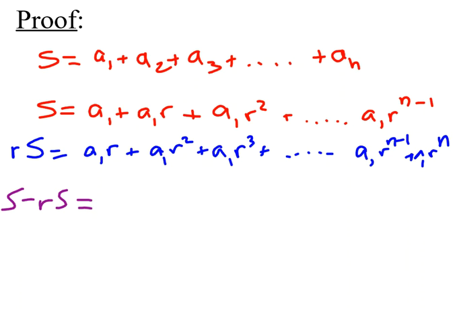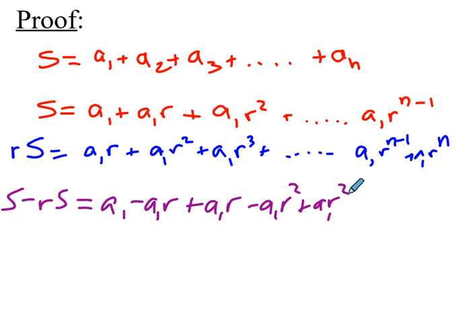And I'm going to have a1 minus a1r plus a1r minus a1r squared plus a1r squared. You see what's happening? This one and this one cancel. This one and this one cancel. And a bunch of stuff cancels there.